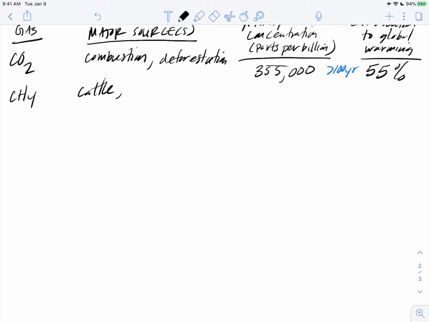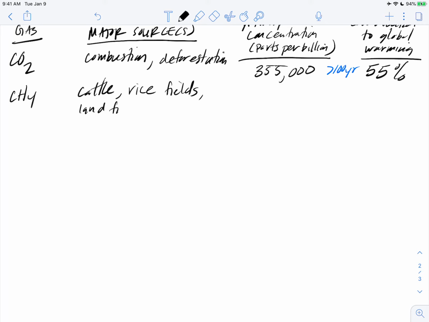So that's not good. People have actually done a lot of research on cow farts and measured how much methane they release, and it's a lot. Also, rice fields, through the process of having rice fields, some of the bacteria in there can release methane as a byproduct of digestion.